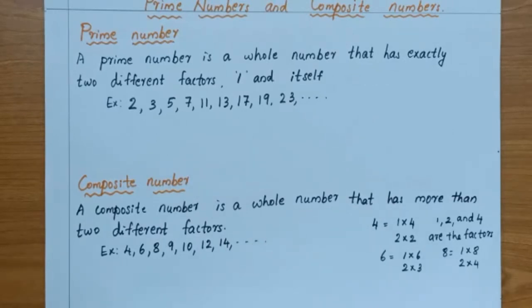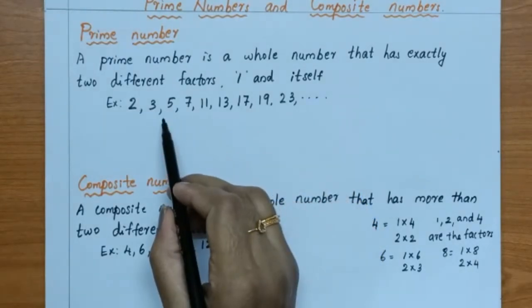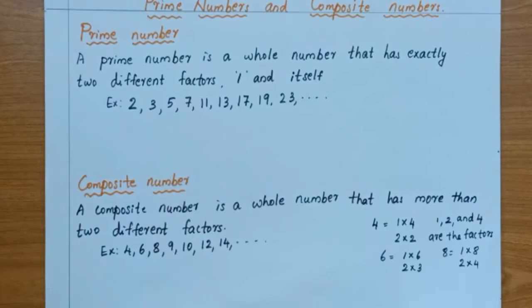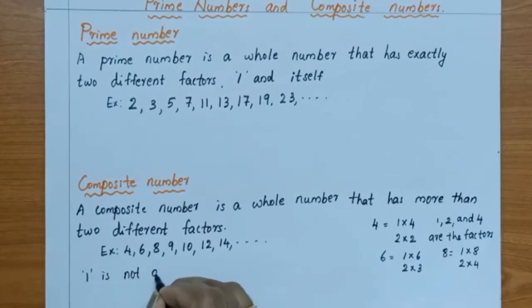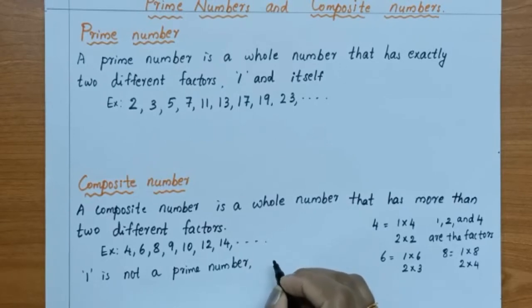Then a number which is not in the set of prime numbers and composite numbers is 1. That means 1 is not a prime number. Also 1 is not a composite number.